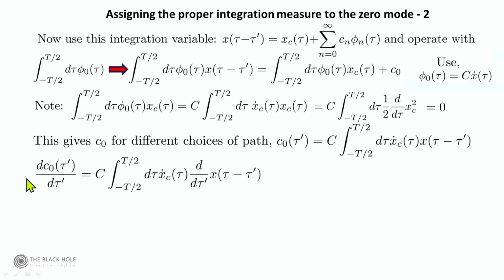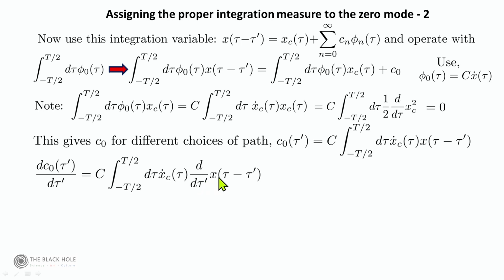That means I take the derivative. Well, over here, there's only one thing that depends on tau prime, and that is this. So I have to differentiate with respect to tau prime, x of tau minus tau prime.